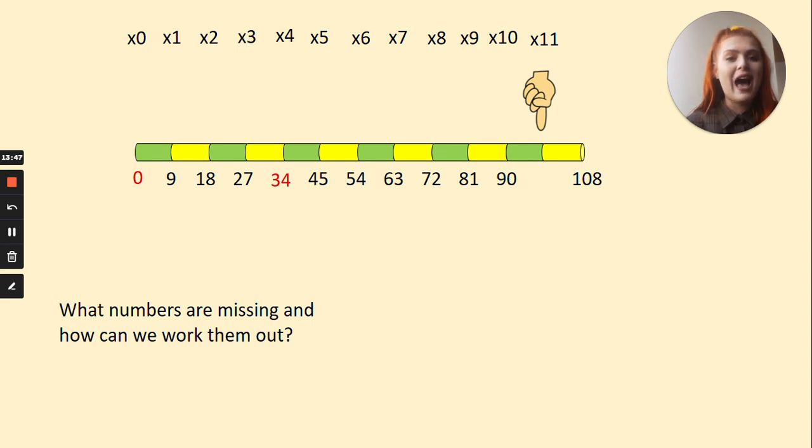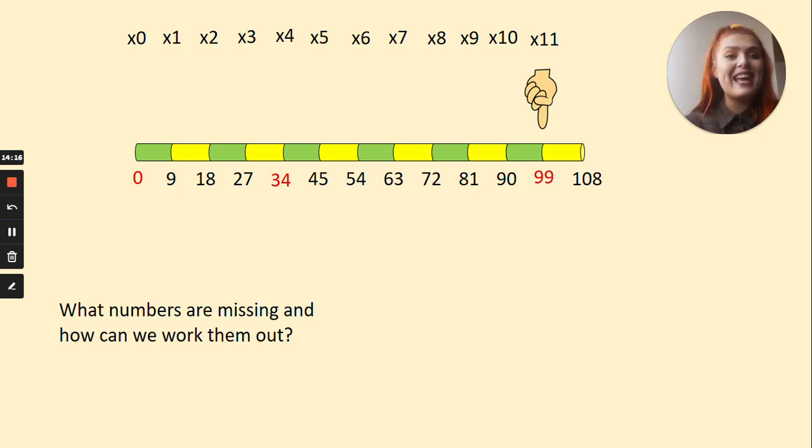There is another gap. This time, instead of taking away from the next number, or the next multiple of 9, I'm going to look at the 10. 10 times 9 is 90. If I want to find 11 lots of 9, I can just add on 1 more lot of 9. So 90 add 9 is going to take me to my next multiple, which is going to be 99.